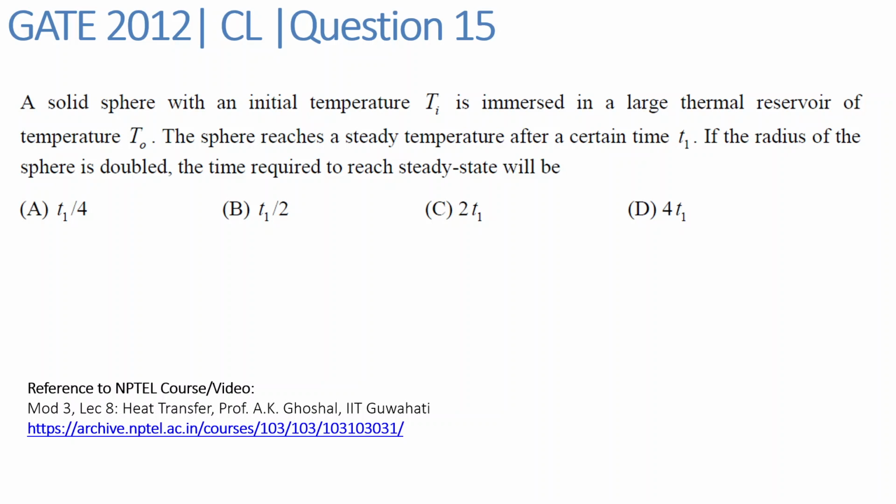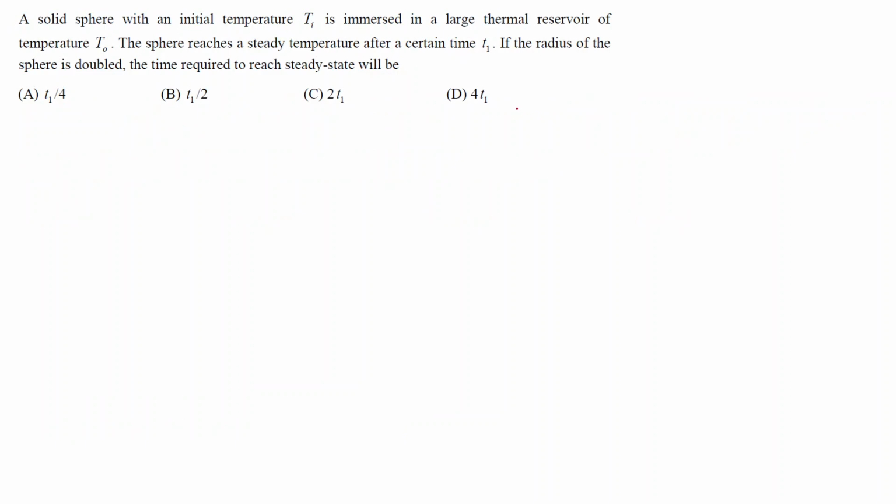So from the given four options, we have to find the time required to reach the steady state if the radius of the sphere is doubled. This question is related to lumped heat capacity analysis.